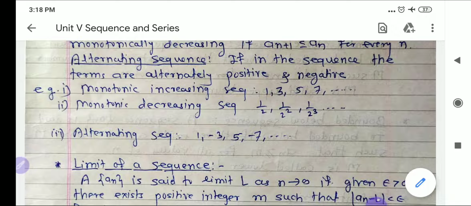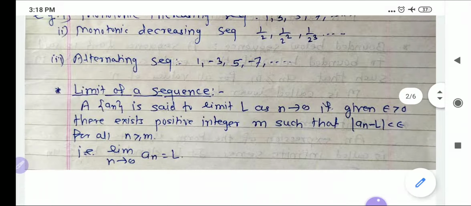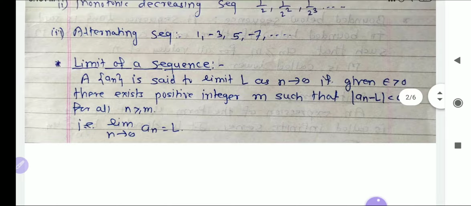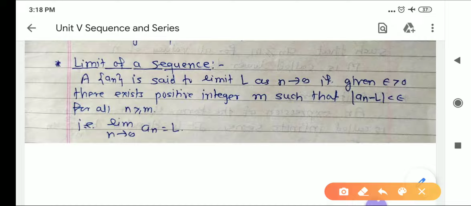Okay, now the next important thing is how we find the limit of a sequence. So this is the epsilon delta definition. A sequence an is said to have limit L as n tends to infinity if, given epsilon greater than 0, there exists a positive integer m such that modulus of an minus L is less than epsilon.